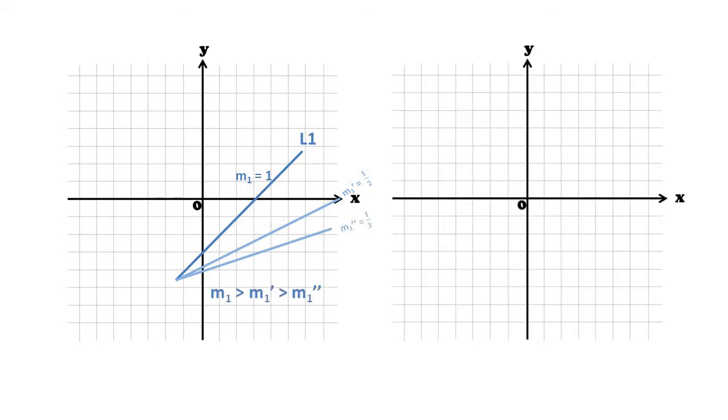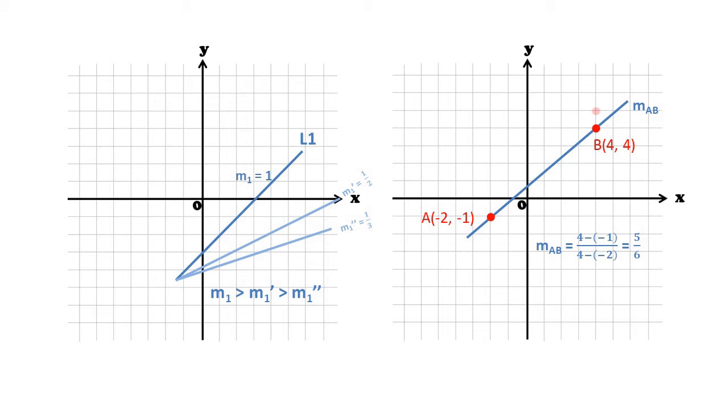Take this line as example. A at (-2, -1) and B at (4, 4) are 2 points lying on the line. The slope of the line AB is the vertical distance between A and B over the horizontal distance between A and B, that is 5/6.